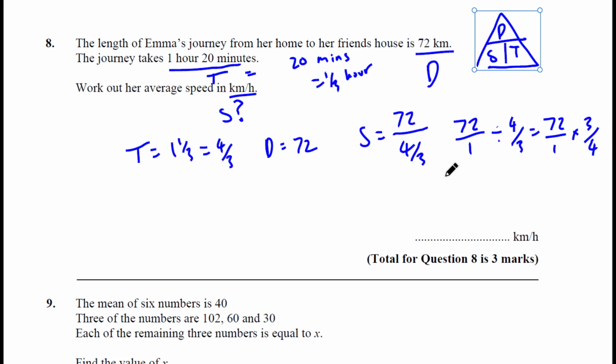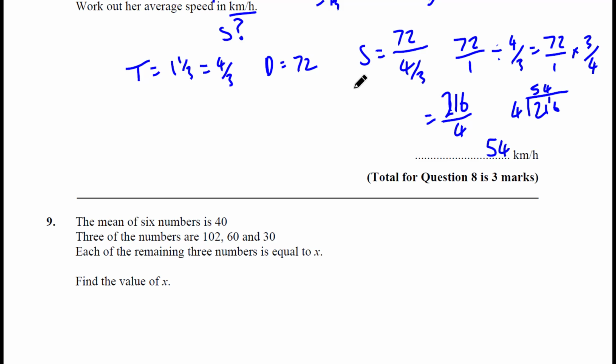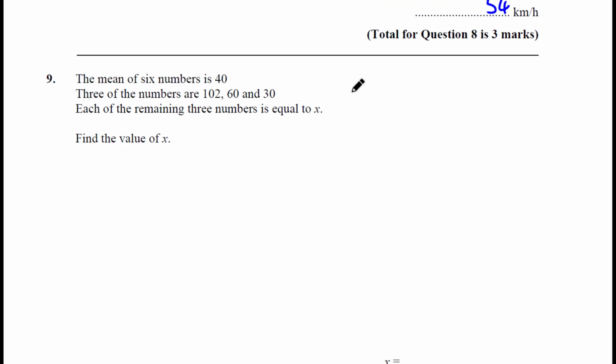So 72 times 3 is going to be, oh, careful here, it's going to be 216 divided by 4. So if you're not sure, use a bus stop. 4 goes into 21 is 5, remainder 1. The right answer is 54. That's a quite nice 3 marks. Now let's have a look at question 9.